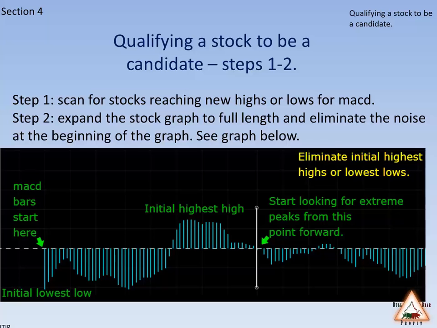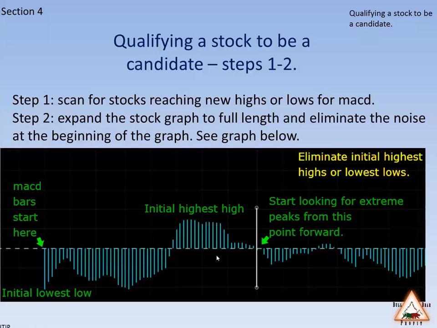So this is what you first do in qualifying a stock to be a candidate. Steps 1 and 2. First, scan for stocks reaching new highs or lows for MACD. Step 2, expand the stock graph to full length and eliminate the noise at the beginning of the graph.